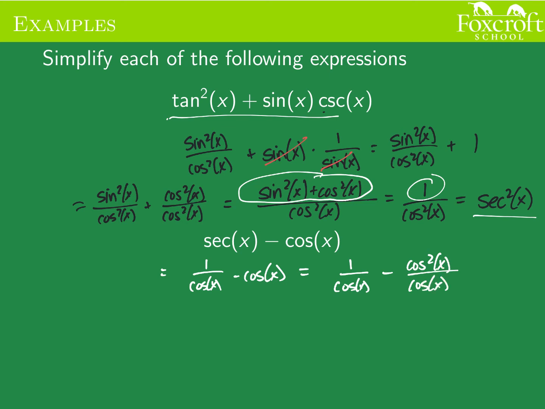I've been multiplying the top and bottom of this by cosine over cosine. And that's going to be 1 minus cosine squared over cosine. And this goes back to this identity we have here. Sine squared plus cosine squared equals 1. If I were to subtract this cosine squared behind the 1, 1 minus cosine squared is going to be sine squared.